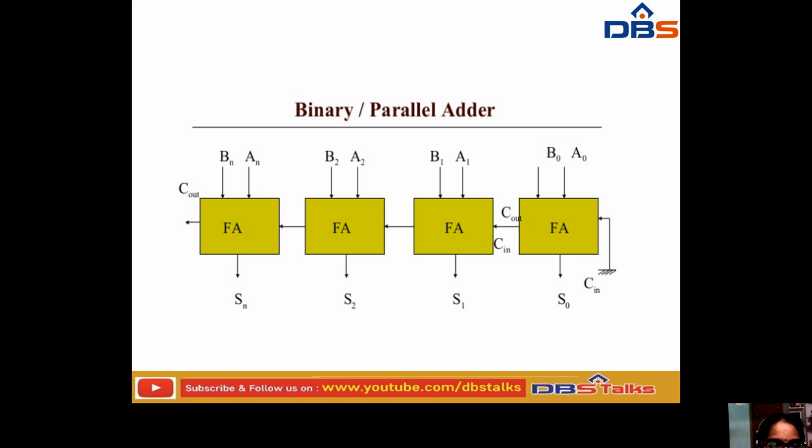If it is a binary or parallel subtractor, by giving a NOT gate to the input B, we can get the parallel subtractor or binary subtractor. If you observe, this is the first full adder, this is the second, this is the third, this is the fourth, and this is the nth full adder; we have so many full adders here.